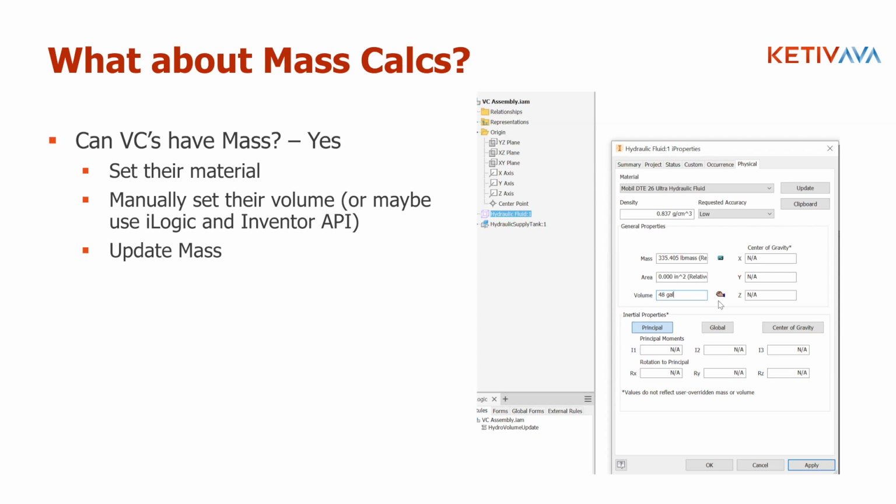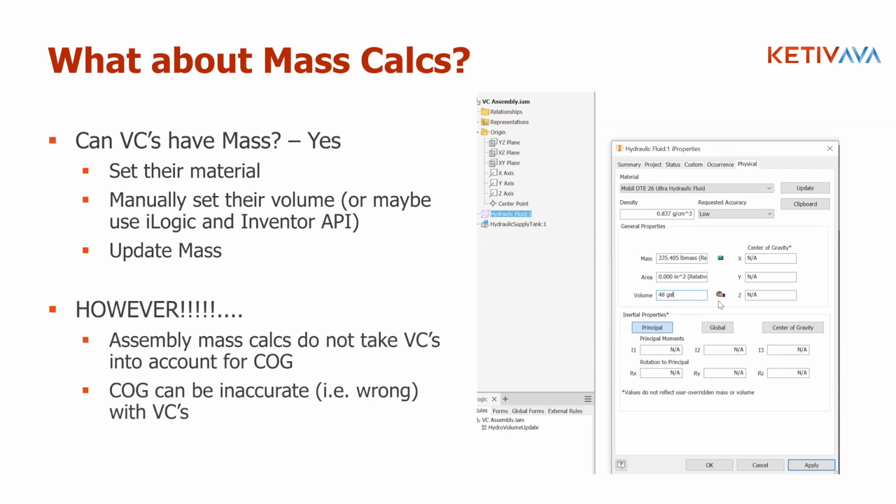And when you assign the material, that's great, but it has no volume because it has no geometry. So you can manually type in a volume in the dialog, and then it will calculate a mass based on that manually typed in volume and the density of the material you give it. So it does give a mass, and that mass is added to the assembly mass when you update the mass for the assembly.